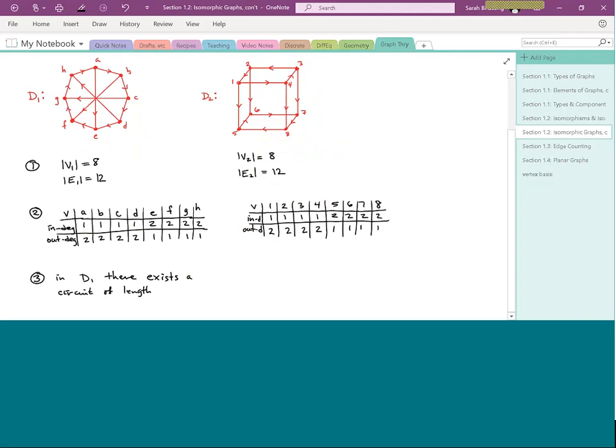Yeah. So it's actually one of the things we noticed earlier as well, the fact that you could literally just go around the outside. It looks like a polygon, and the directions here are going to matter for the directed graph.